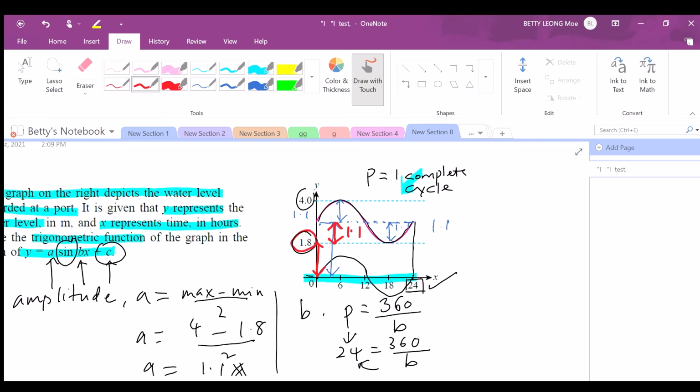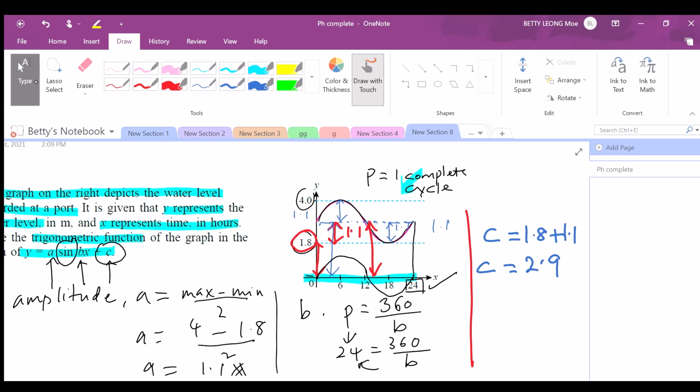So the length altogether will be, your C will be 1.8 plus 1.1. So your C will be 2.9. Do you get it?